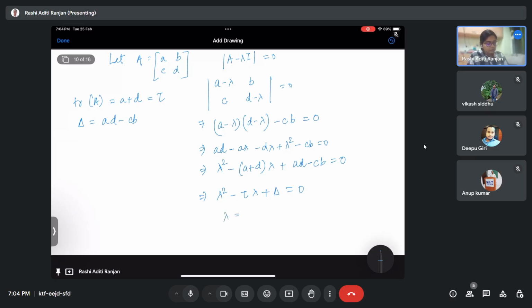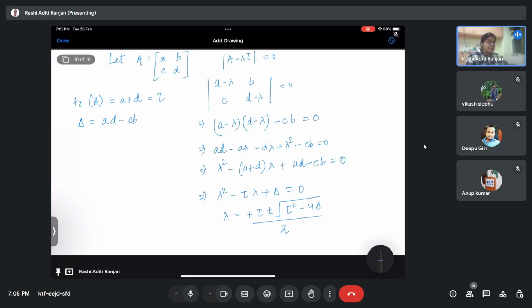For a quadratic equation, it is minus B plus minus under root of B square minus 4AC, divided by 2. Correct? This is what it is.